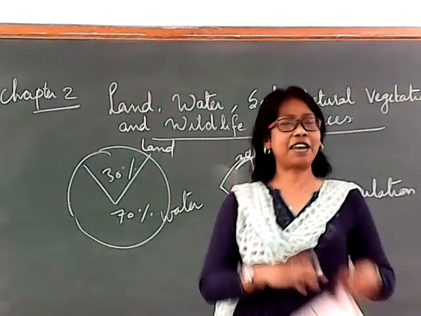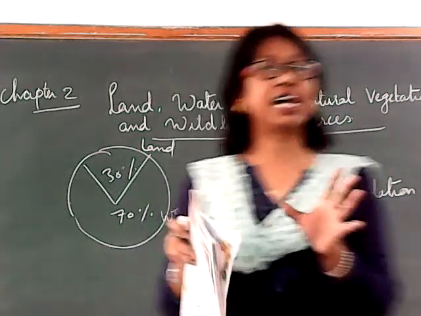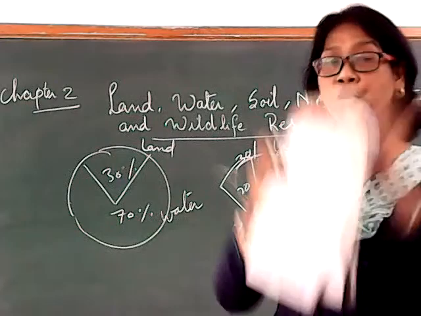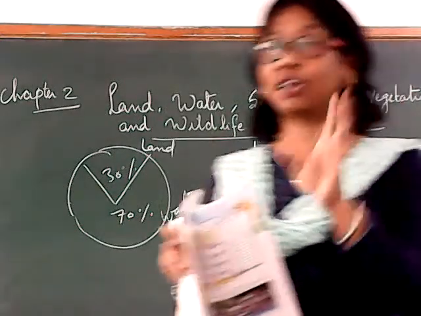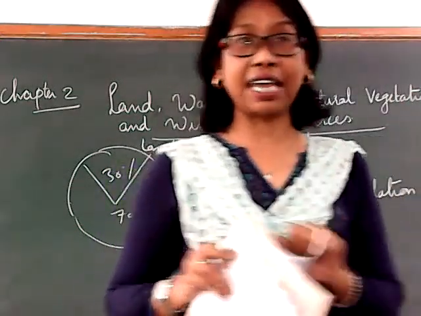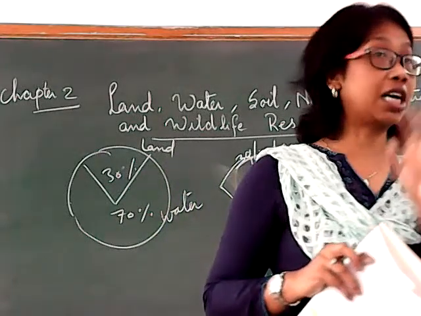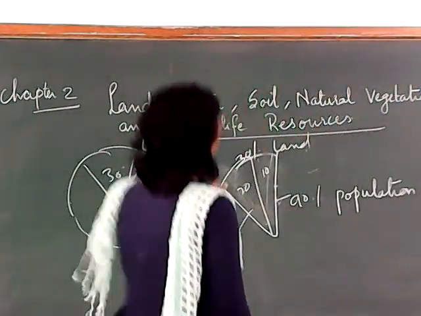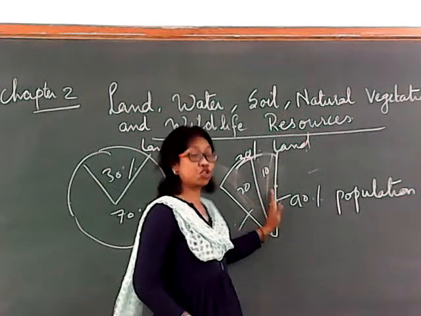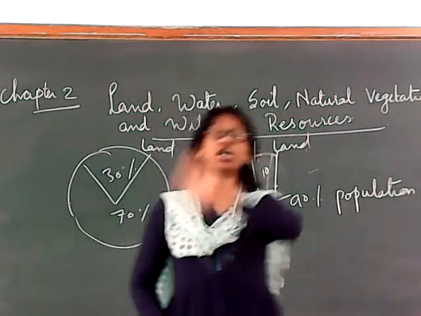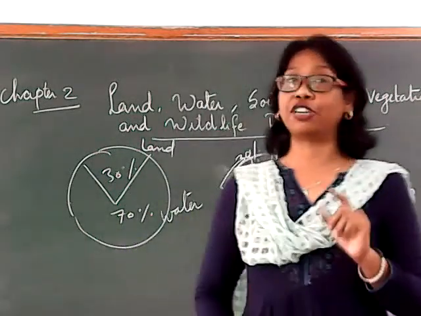The total is only 30% land that we have. Today Earth has only 30% land area, and out of those 30%, only 10% is the land where the world's 90% population lives.